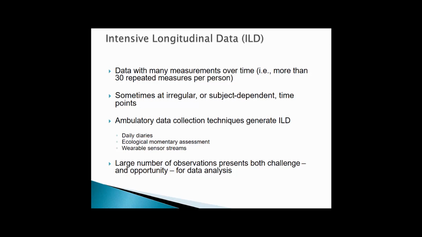Ecological momentary assessments, also known as experience sampling methods, where we're asking people at random prompts throughout the day, multiple times a day, to report on their current experiences and mood. And finally, wearable sensor streams, things like Fitbits that can get extremely intensive longitudinal data about step counts from moment to moment. There are ambulatory blood pressure monitors that can take blood pressure readings in a person's day-to-day life, and even wearable sensors that can detect alcohol intoxication through the skin in real time.